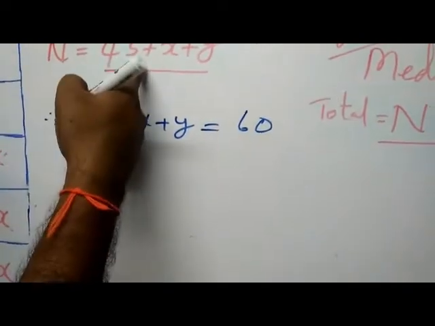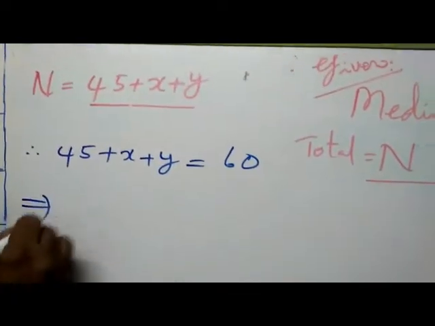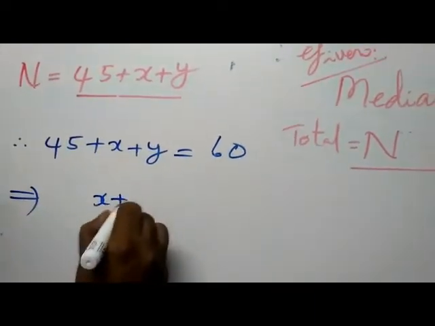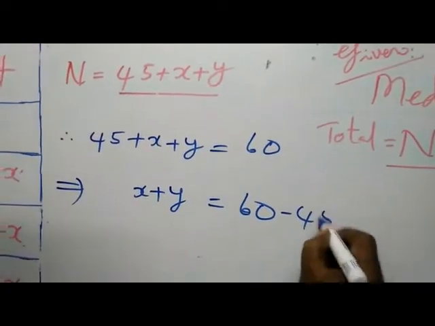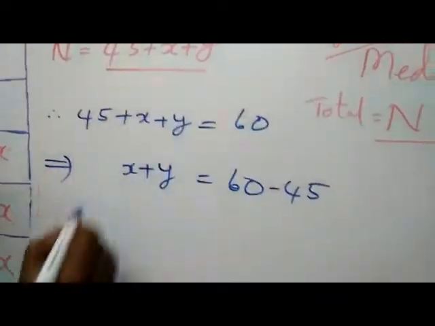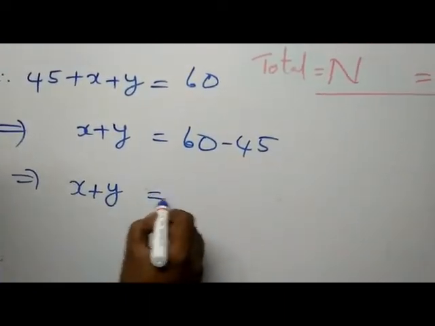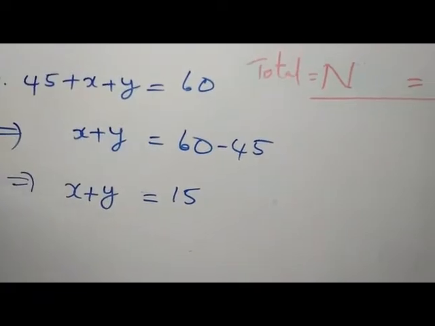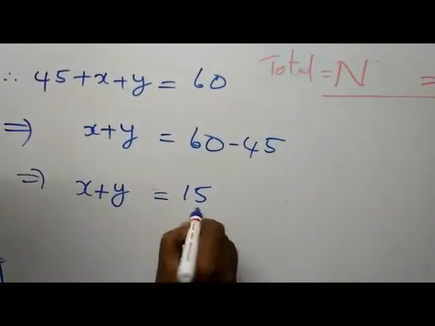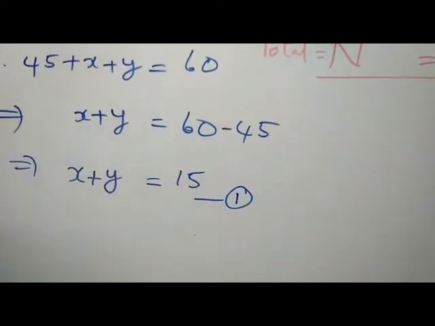So x plus y is equal to 60 minus 45. Transposing, x plus y is equal to 15. This is just one equation. Leave it like this: x plus y is 15.